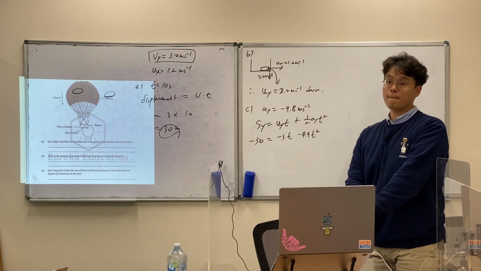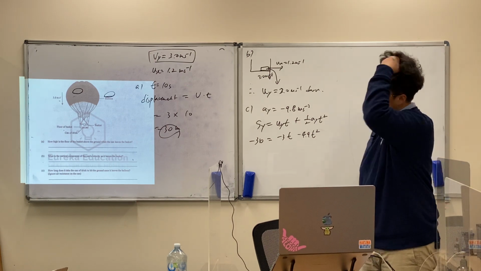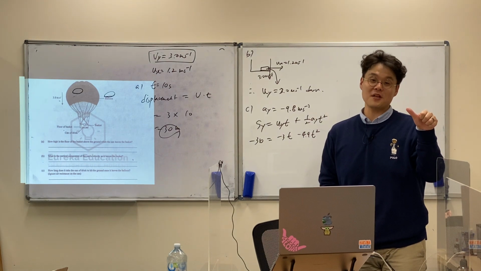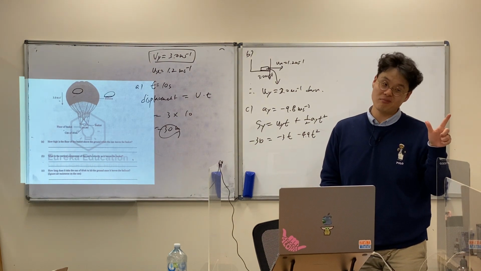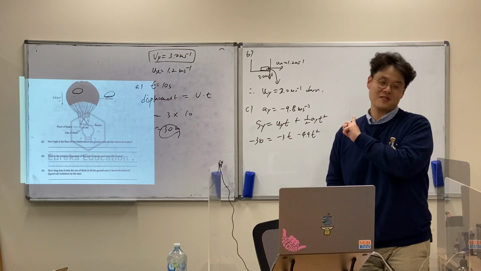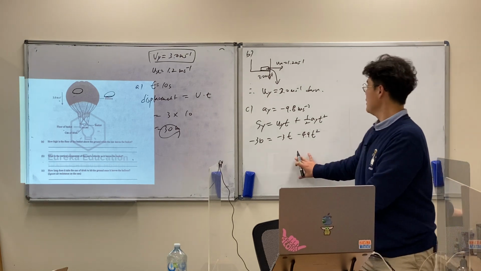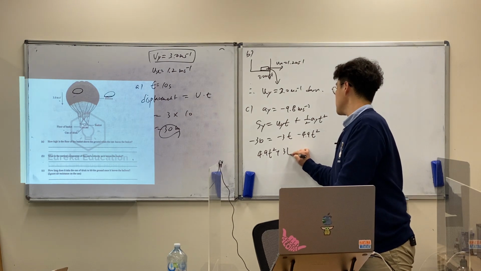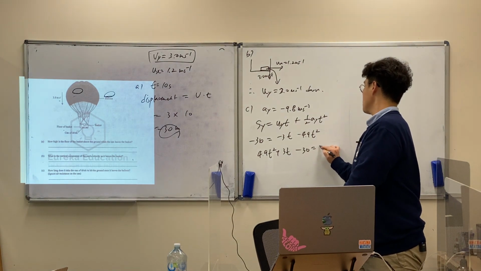Or you can use the energy here, gravitational potential energy and kinetic energy, if you would like to, or just stick with this. It doesn't matter. So what we get is 4.9 T squared plus 3T minus 30 equals 0.